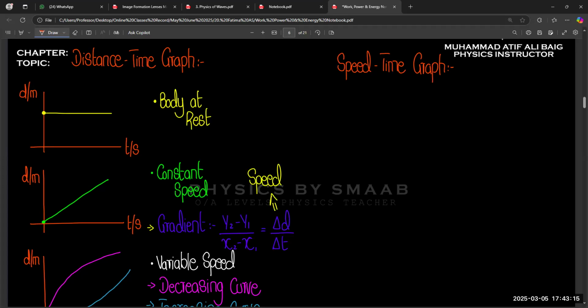Now, in a speed time graph, just like the distance time graph, we mark three different basic representations.